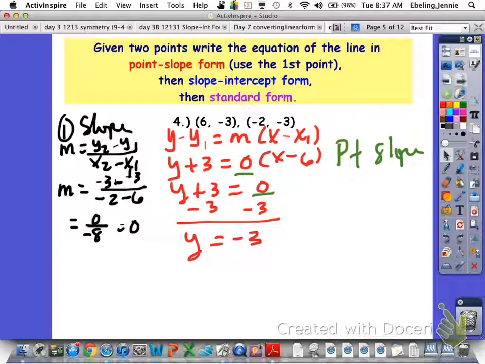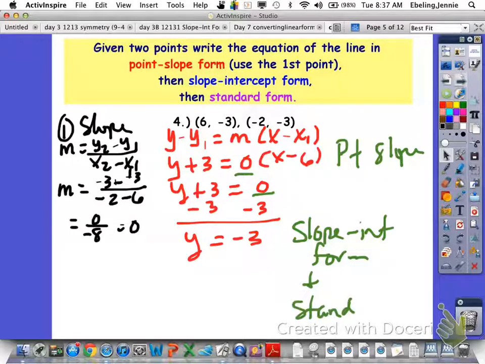And when I add my 3, this y equals negative 3, this is going to be my slope-intercept form. And it's also going to work as standard form. Because since I don't have an x term anymore, I can leave it just like y equals negative 3.